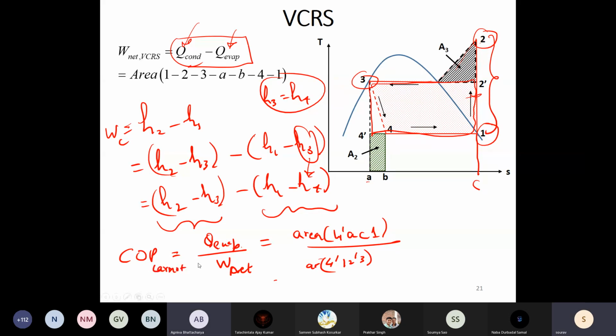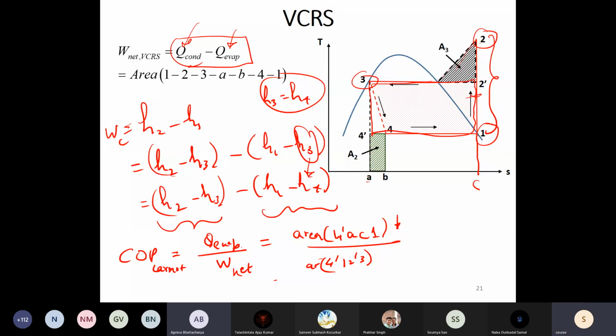But when we shifted our cycle to this VCRS cycle, now the numerator has reduced by this much. So now we are getting less refrigeration capacity or less cooling effect, and the net work input has increased.